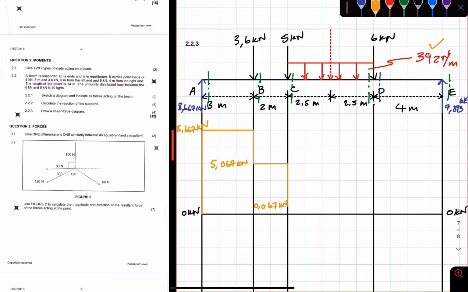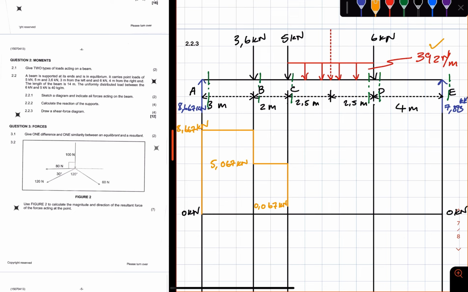So you take that and you multiply it by the span of the beam. The span of the beam is 5 meters, right? So 392 newtons times the span of the beam, which is 5 meters. And what do we get? We get 1,960 kilonewtons, right?